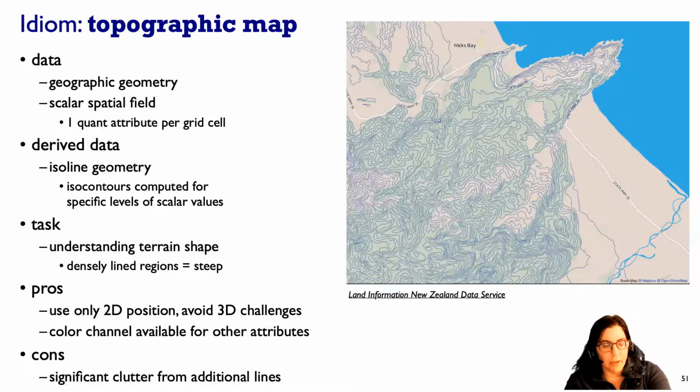Here, we're able to leave the color channel available for mapping some other attribute, not just the height. That's what we're showing with these lines. Now, of course, the downside is there's significant clutter from these lines. And so we would be less able to see any other thing that's color coded on here. So not impossible, but there is substantial clutter from all the isolines.